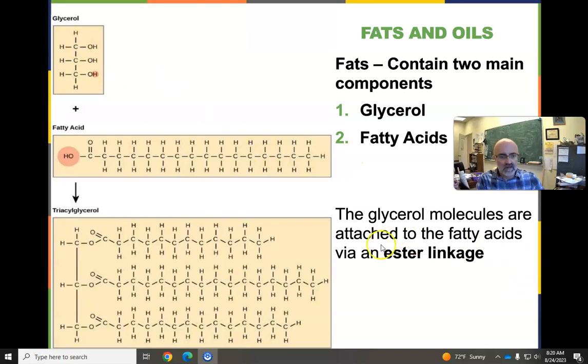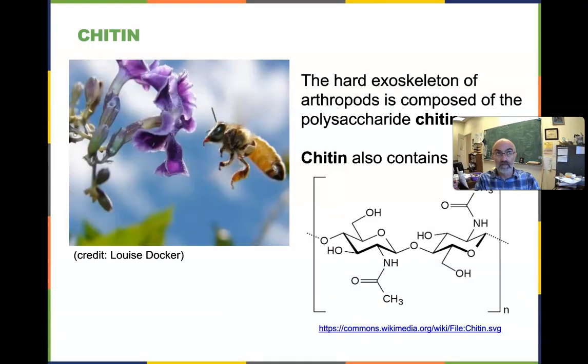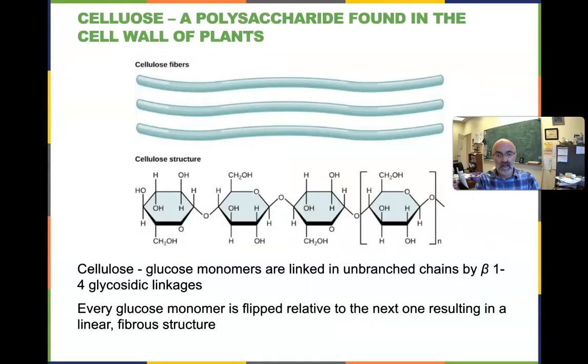Other thing on this slide to note, ester linkage is just a fancy term for the type of covalent bond that is formed between the glycerol and fatty acid. I didn't really talk about this last time, but for the carbohydrates, the type of covalent bond formed between monosaccharides they're called glycosidic linkages.